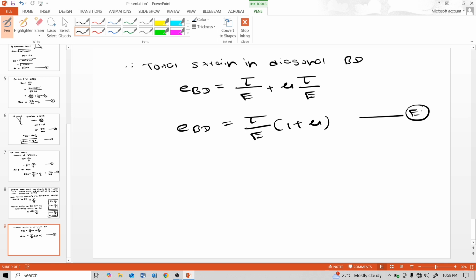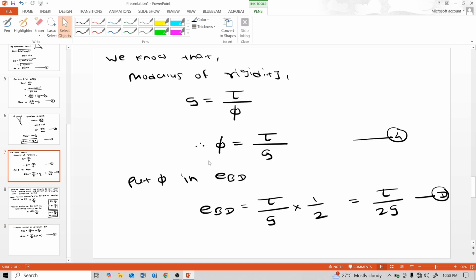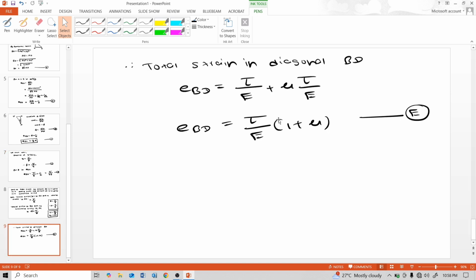Next, compare this equation E and this equation D. EBD is equal to EBD. Tau by 2G is equal to tau by E into 1 plus mu.